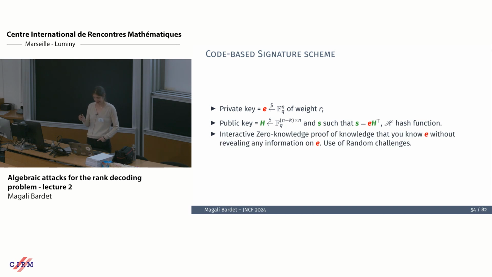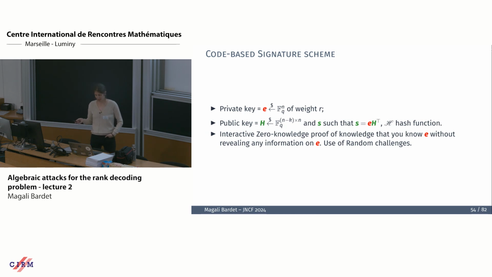And then we design what is called a zero knowledge proof of knowledge, which is a protocol where you prove to a verifier that you know the secret. So you know this vector of small weight, and you prove to someone that you know the vector, but the proof is done without revealing anything on the error.